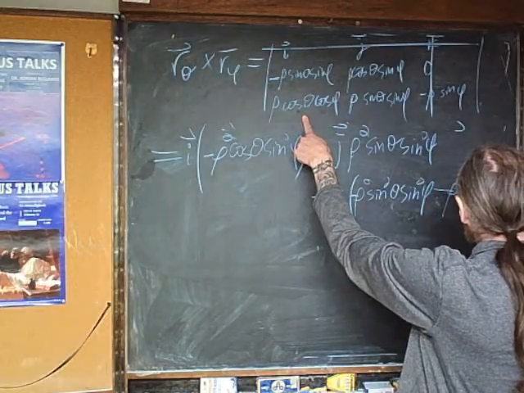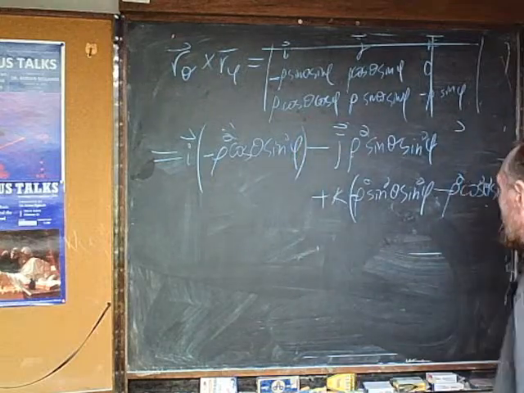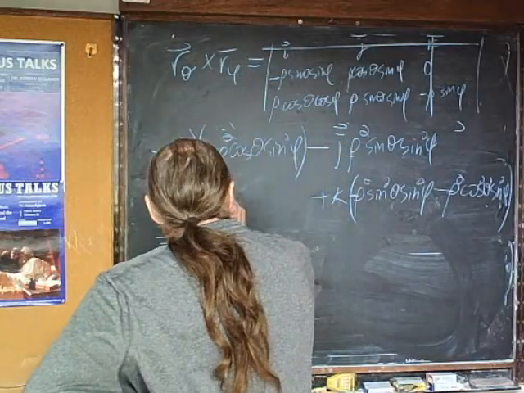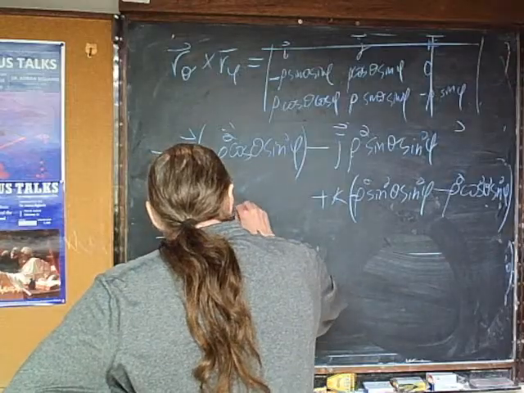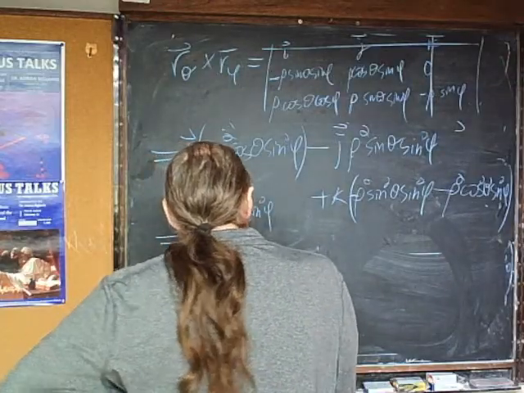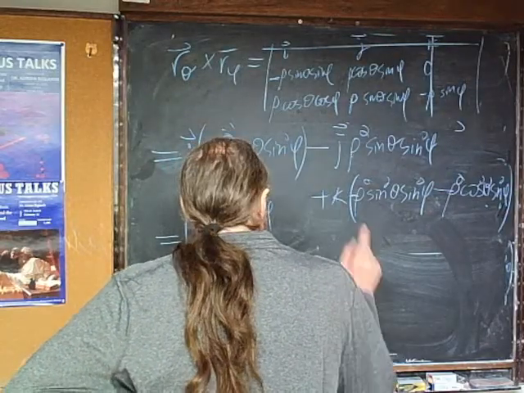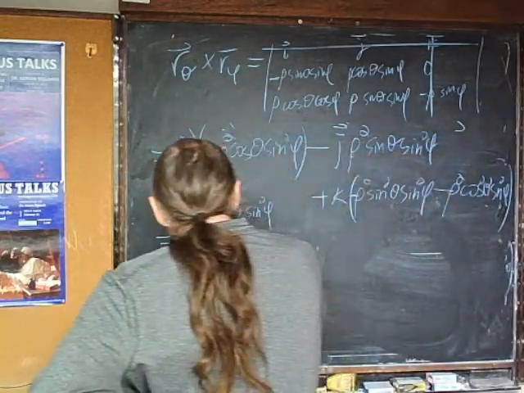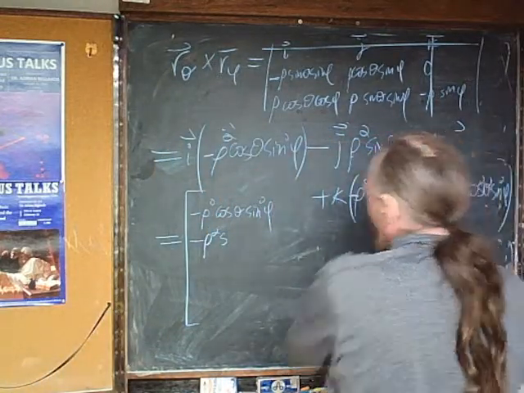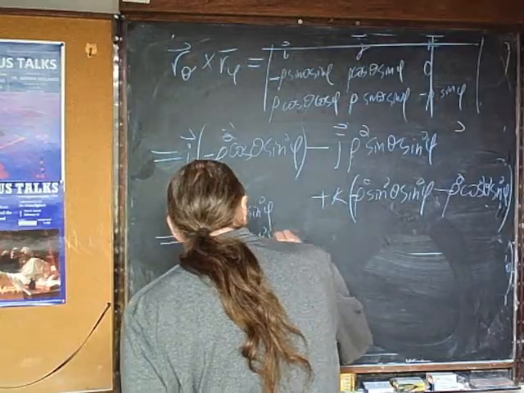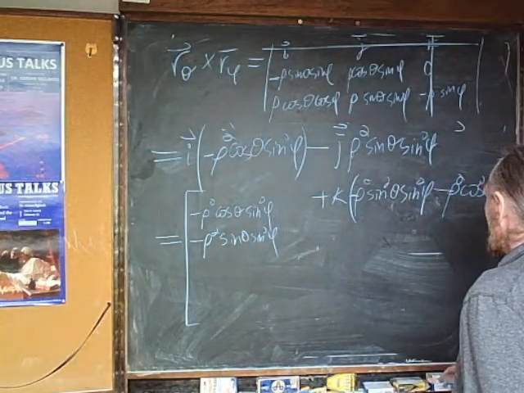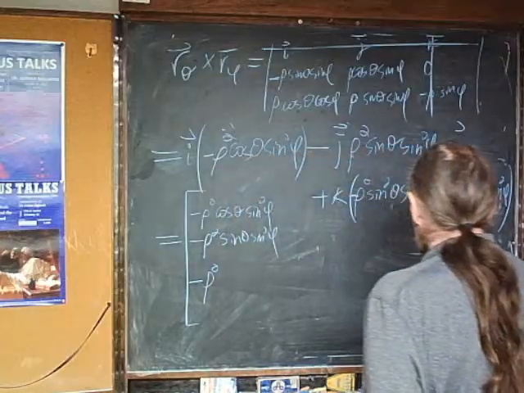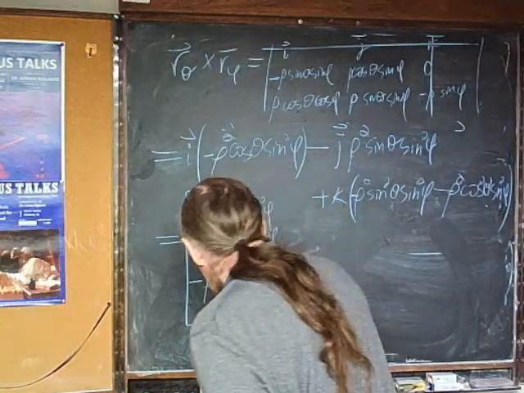Cos squared theta sine squared phi, which is equal to, as a vector, I have negative rho squared cos theta sine squared phi, this one gives me negative rho squared... wait, maybe I did that, sine theta sine squared phi, and then the last one is negative rho squared, and then I have sine squared plus cos squared, so that should be negative sine squared phi.